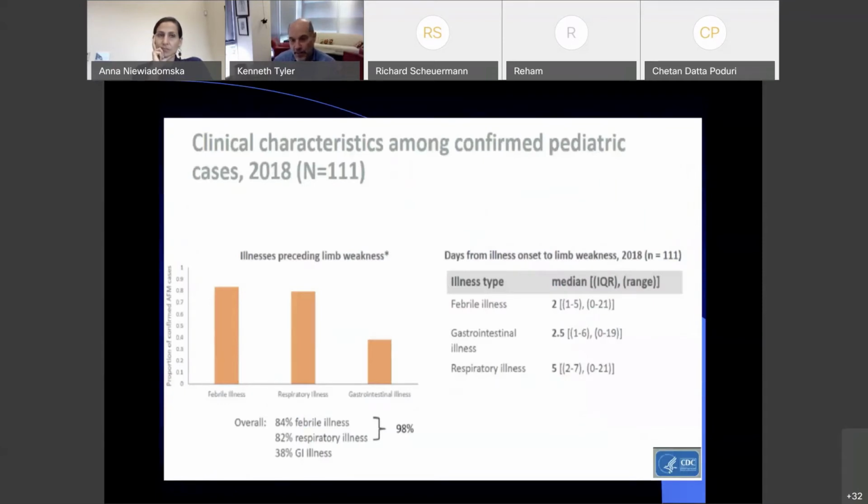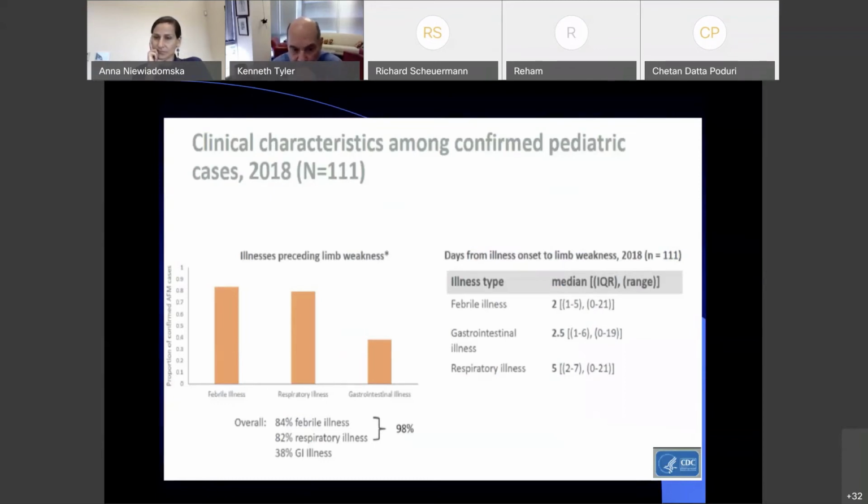I think this one may be a steal from Janelle. She can comment if she's still on the line. But I wanted to make the point that as cases started to accumulate both at the CDC level, but also from local hospitals, we had a paper, others did as well.